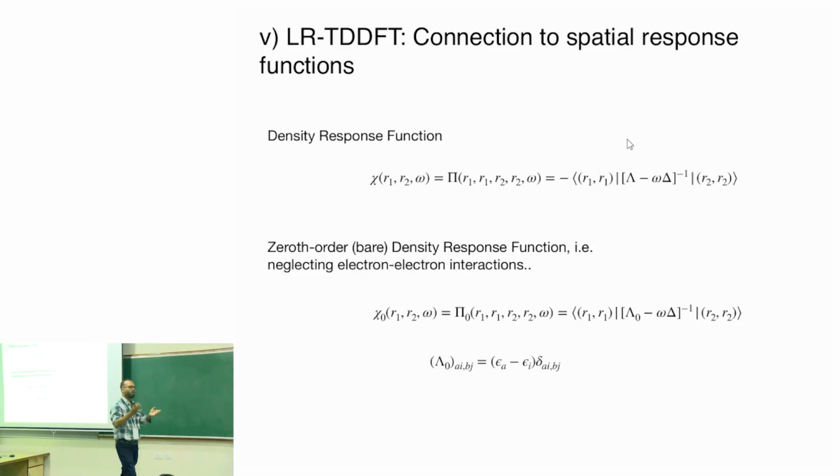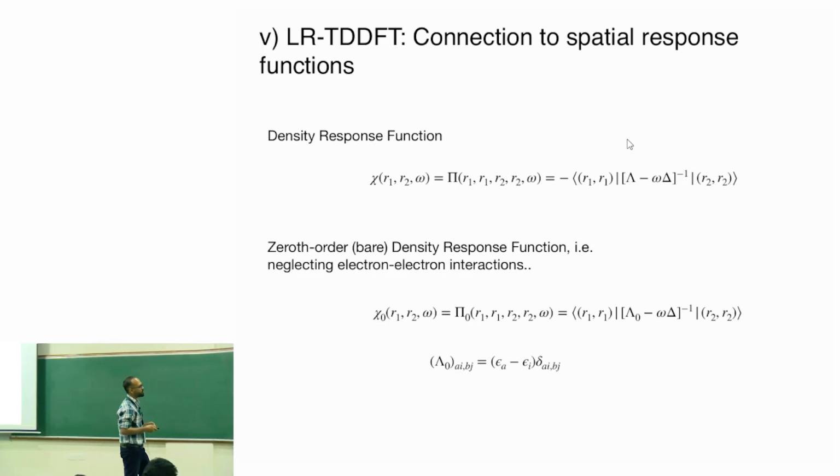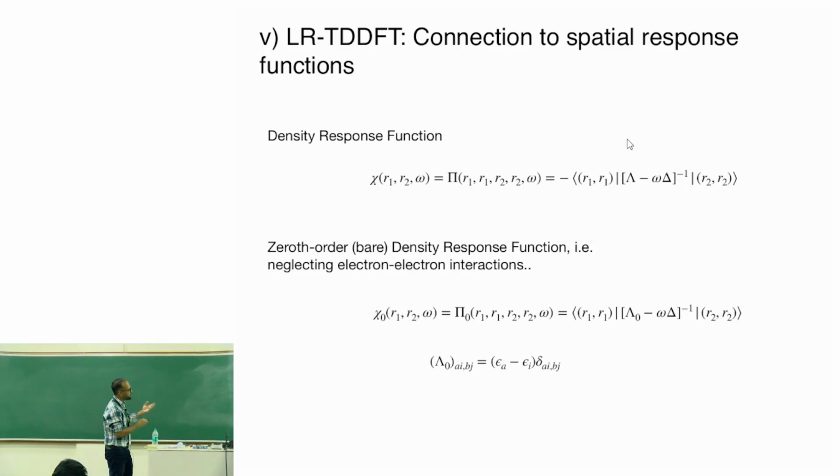So if I neglect all the two-electron part of it, that is going to give me the chi naught, which in literature we call the non-interacting response function, right? So what is the non-interacting response function? Instead of lambda here, I'll have a lambda naught, where lambda naught is simply diagonal. It just contains the Kohn-Sham matrix elements. Okay, so if you had a truly non-interacting system, you would have a diagonal lambda naught. Okay, so that would be your chi naught.